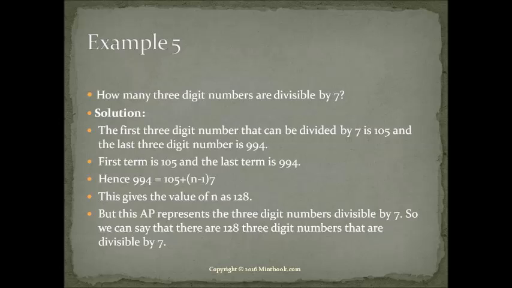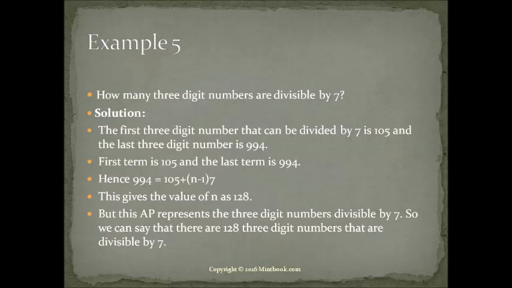Now if you solve this linear equation, you will get the value of n as 128. So the last term in this AP is the 128th term, and this arithmetic progression represents the 3-digit numbers divisible by 7. So we can easily say that there are total 128 3-digit numbers that are divisible by 7.